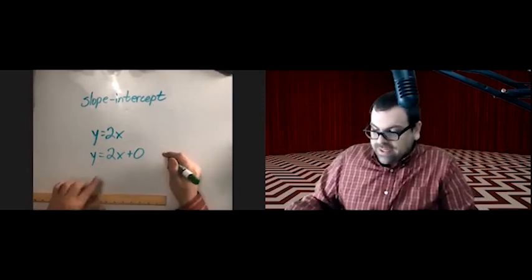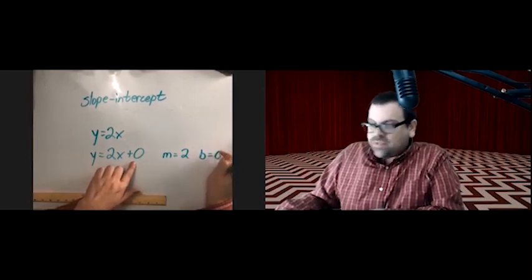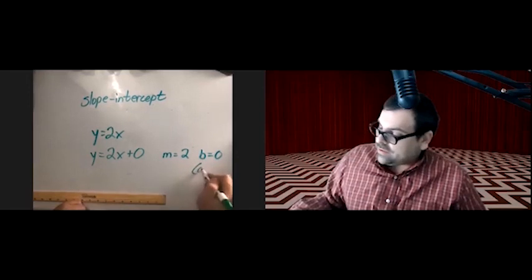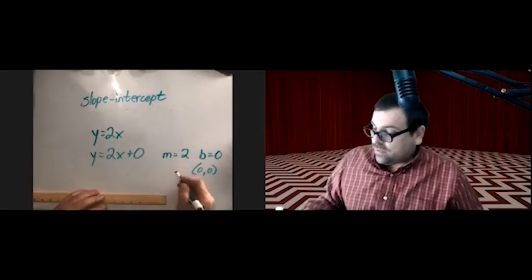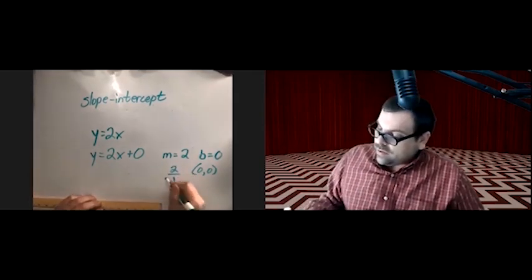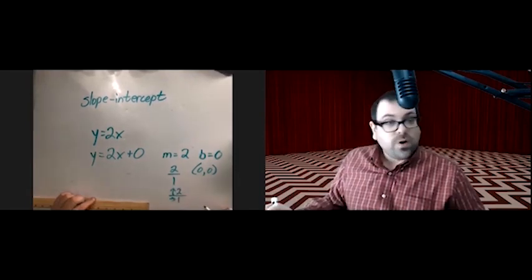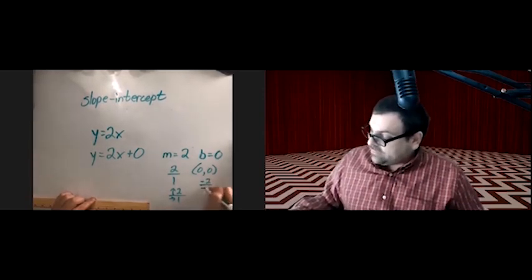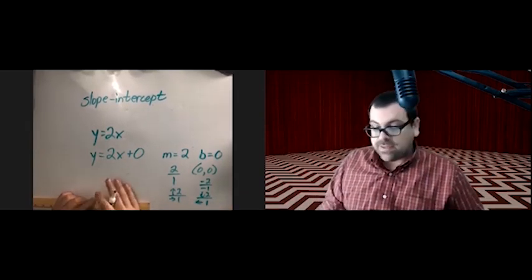And here we can see slope of positive 2, y-intercept 0. So here, the point 0, 0 would be on the graph. And we would go positive over positive, up 2, right 1, or negative 2 over negative 1, down 2, left 1 to get this line.